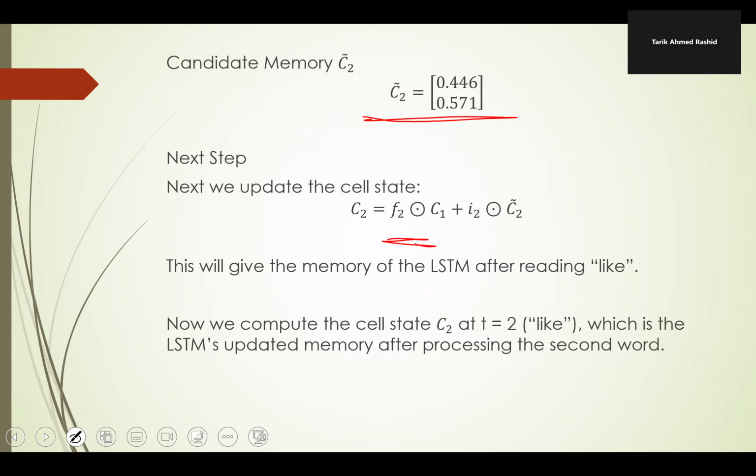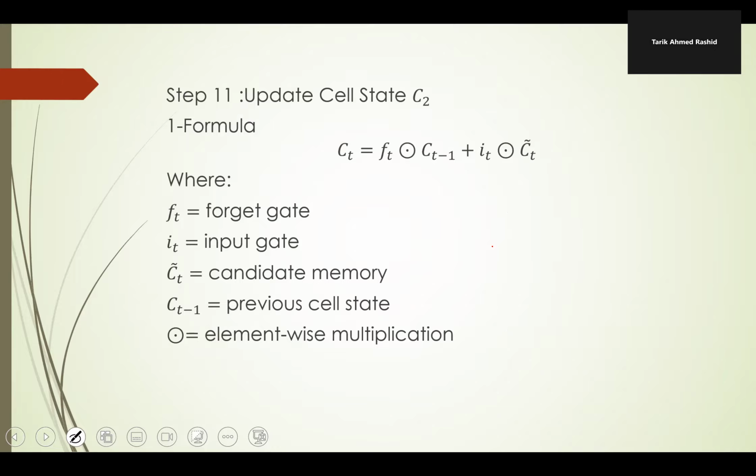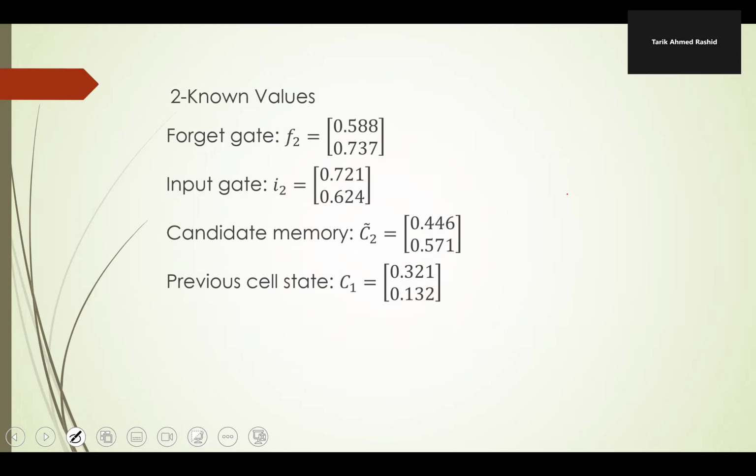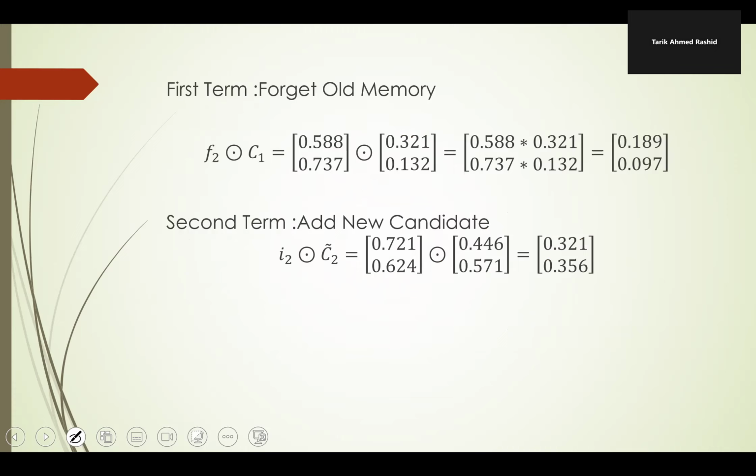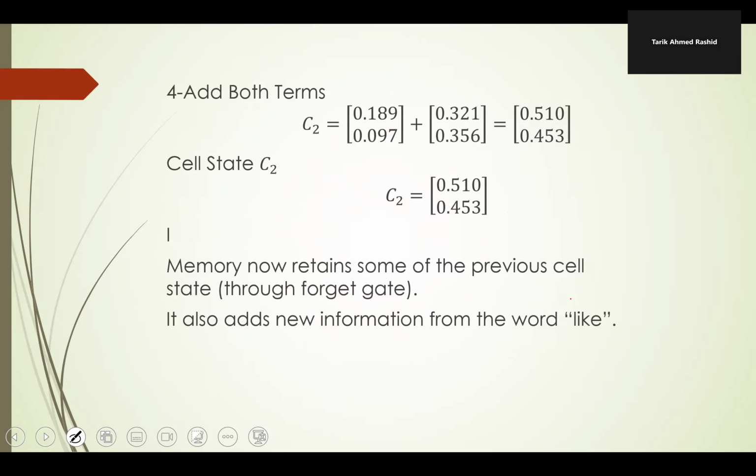That's the basic information, and we have all the information found. Here the forget gate, here the input gate, C2 tilde and C1, which we found in the earlier video. Once the results are found, we just multiply them and add, and we found the new cell state, C2.